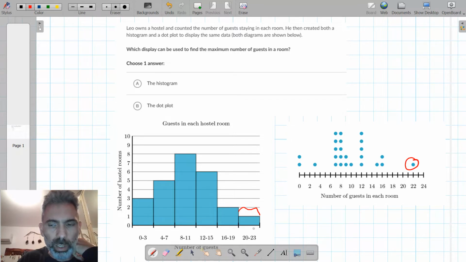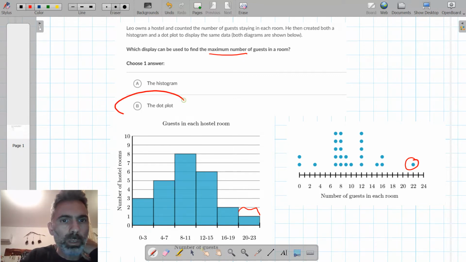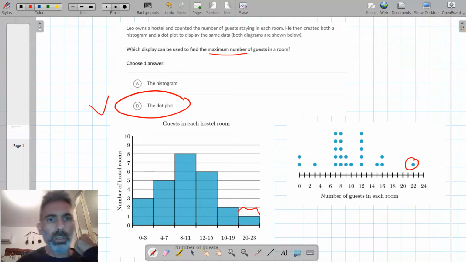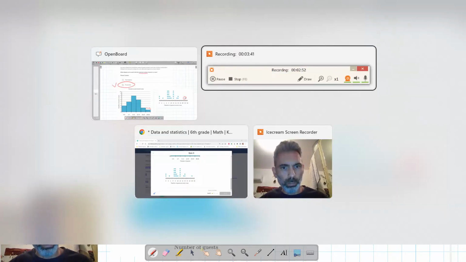So in a histogram we cannot tell the exact maximum number, whereas in dot plot it shows exactly the maximum number. So the correct answer is B, the dot plot.